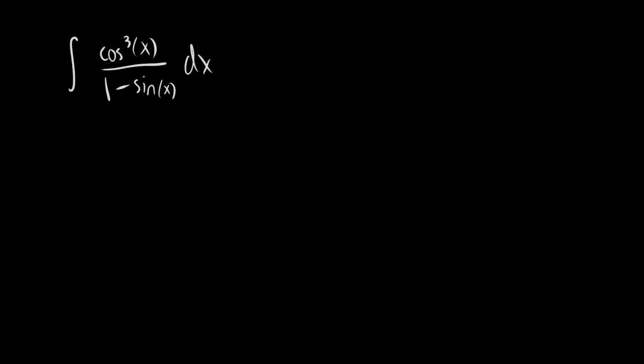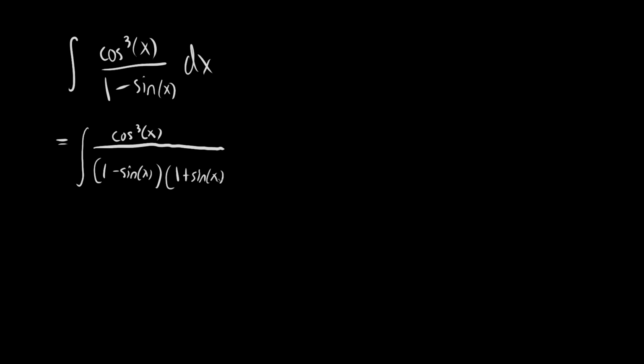So I'm going to multiply up and down, because if you multiply, then you also have to divide. I have 1 minus sine of x here, so I can multiply this by 1 plus sine of x.